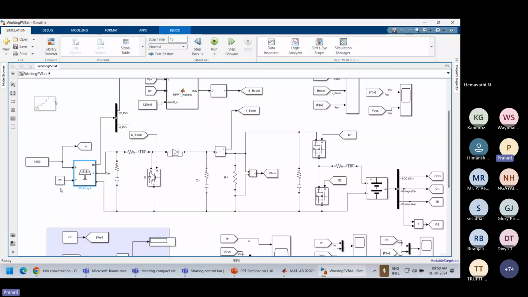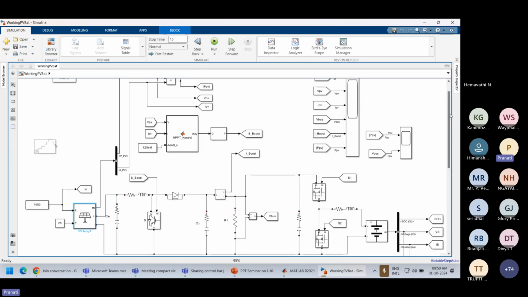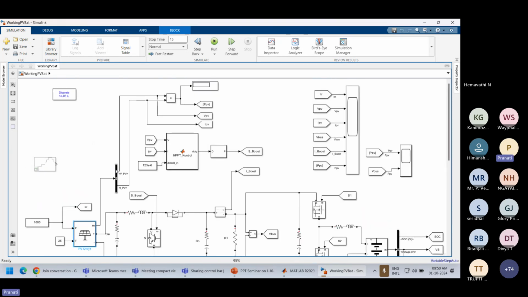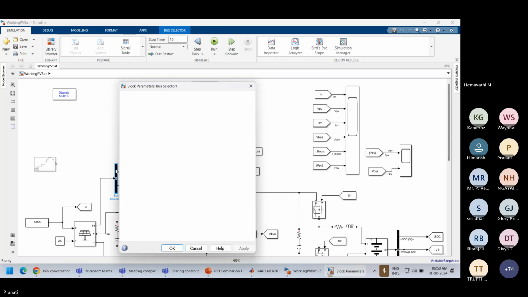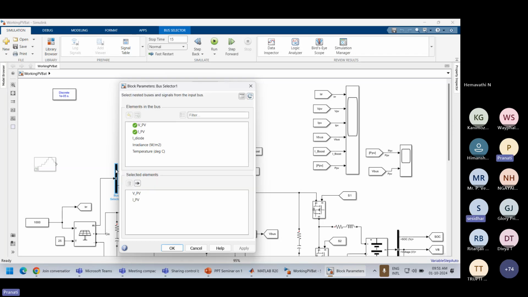Now, we have considered the temperature at 25 degrees centigrade and irradiance as 1000 watt per meter square. IRR represents the irradiance value. This represents our VPV and IPV.